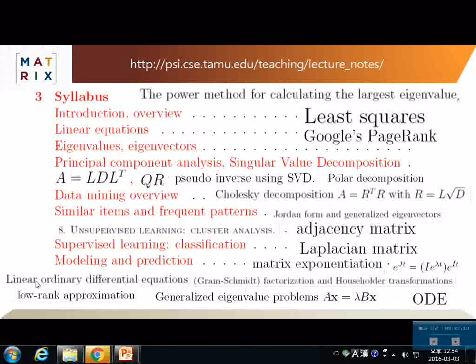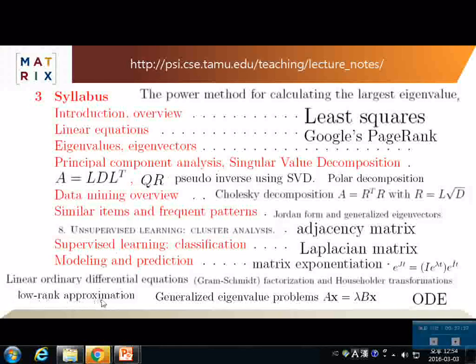And also we need linear ordinary differential equations. That's why I mentioned the knowledge of engineering mathematics. So we need to find the solutions for the differential equations. Also the Gram-Schmidt normalization process and Householder transformation are needed to go through this.